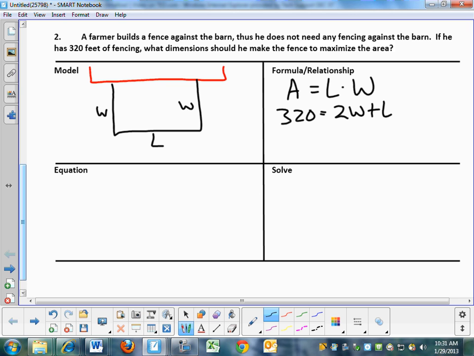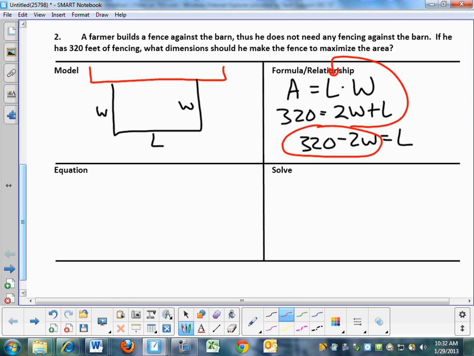Good. So I can use that expression. What should I solve for? L would be easy to solve for. 320 minus 2W is equal to L. I could take that and plug it in for L. So I have area in terms of W is equal to W times 320.